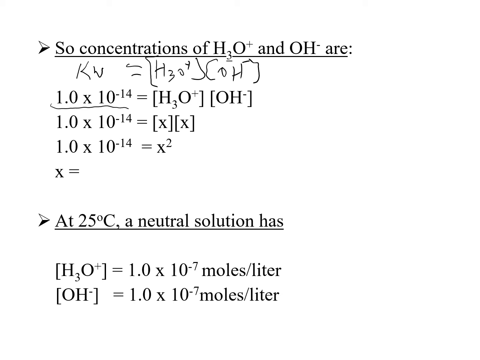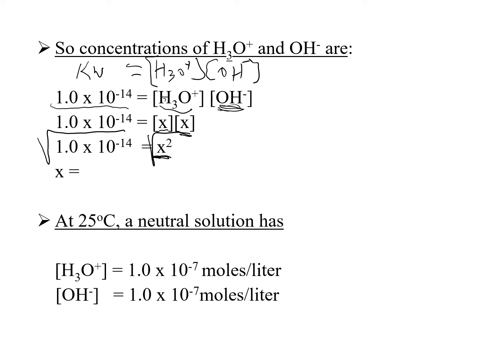We could actually solve for the concentration of the individual hydronium ions and hydroxide ions by doing an algebraic problem. If we say my concentrations are equal to each other, we could call both hydronium and hydroxide x. And x times x gives me x squared. To solve for x, I would take the square root of both sides, and the square root of x squared gives me x.